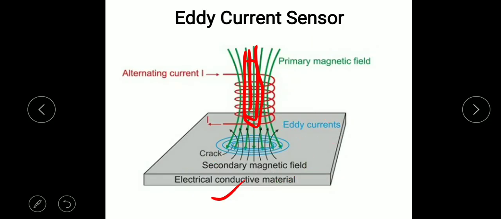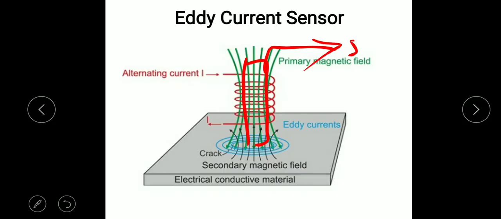Due to this secondary magnetic field, we will get an obstruction to the primary magnetic field, and that can be sent to a signal processing unit, SP, for further amplification of the signal, to determine whether an eddy current or conductive material is near the core.